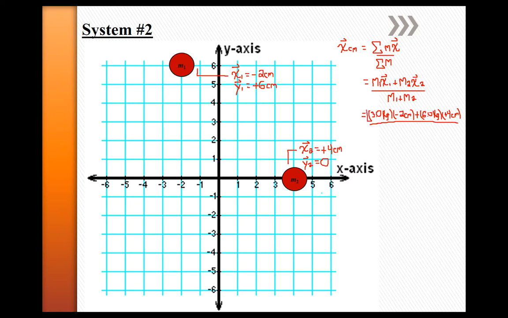Put this top in some set of brackets. Divide this by the sum of the mass for the system, which would be 3.0 kilograms plus 6.0 kilograms. Okay, and your x center of mass coordinate should be equal to positive 2.0 centimeters.